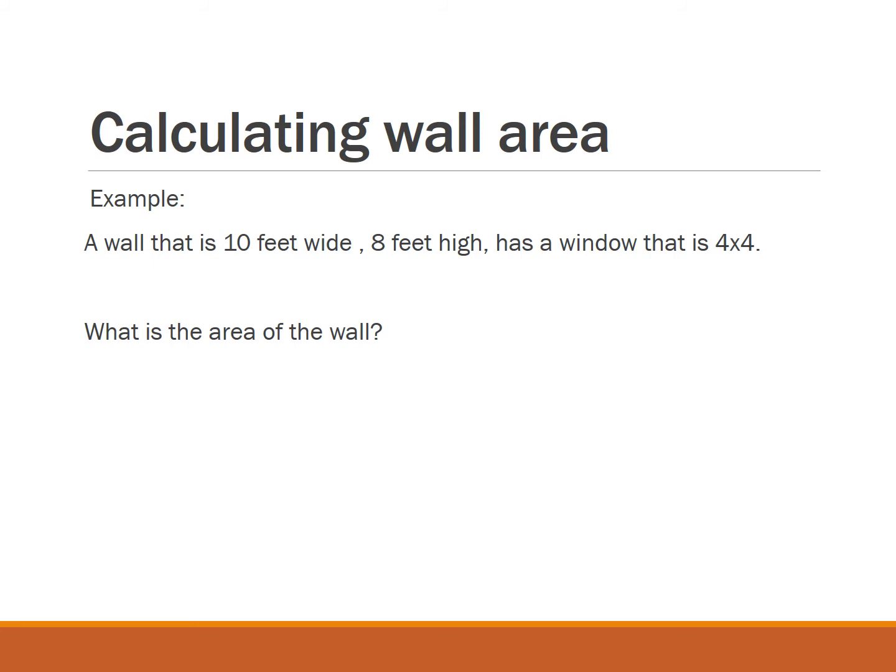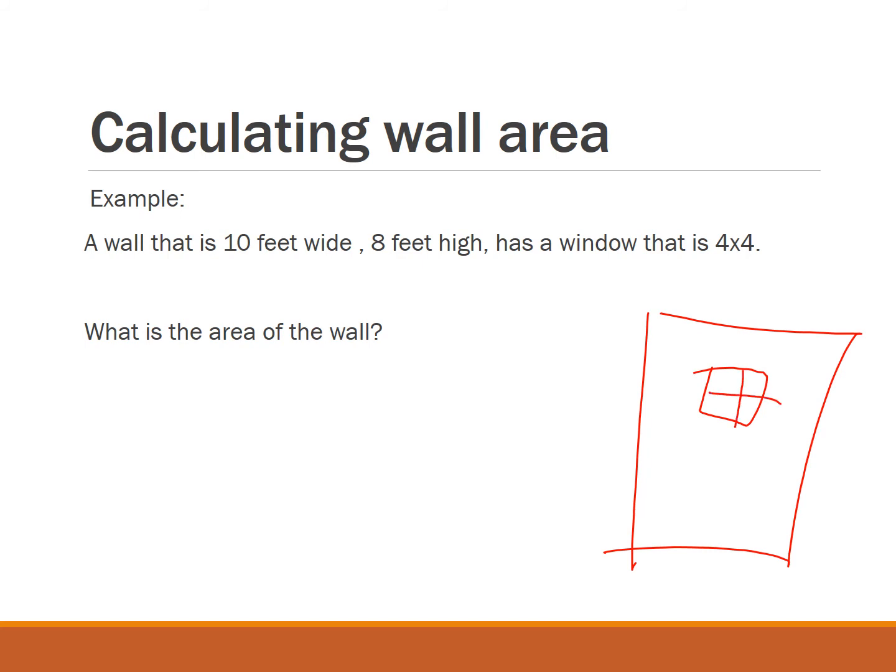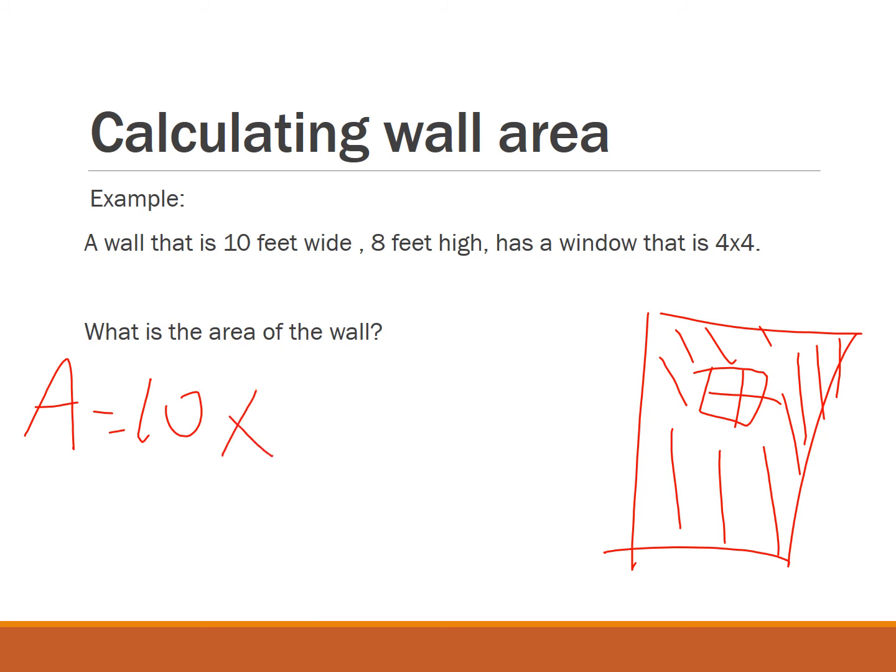So for example, how do we calculate the wall area? Just to touch base on the area, if you have a wall that is 10 feet wide, 8 feet high, and has a window that's 4 by 4, what is the area of the wall? So now this is my wall. It has a window, and I would like to calculate the heat loss through the wall only, not the window, because again, you probably have figured that the window and the wall are different materials. So what I would do is get the area of the wall, which is 10 times 8, which is 80.